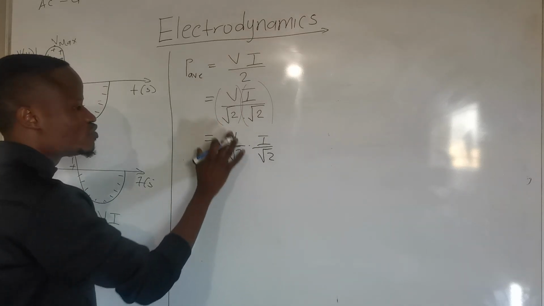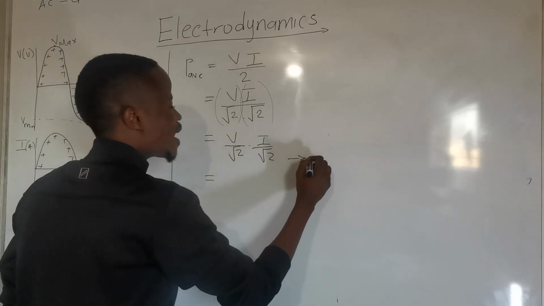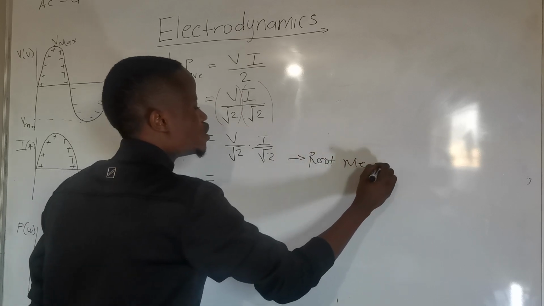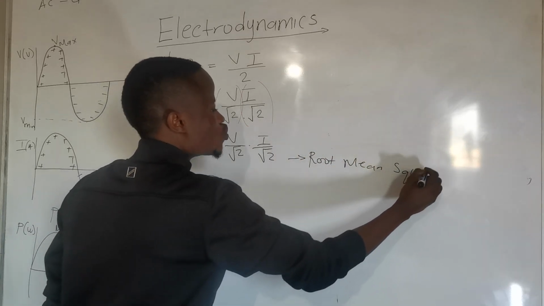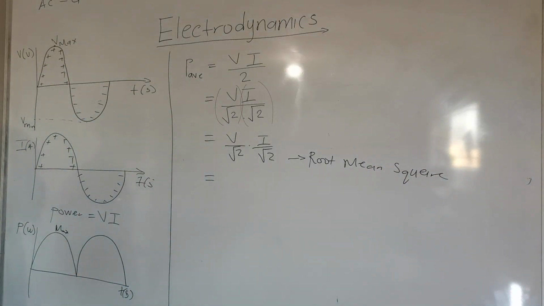Now this has a square root of 2, and we are going to give it a special name. We are going to call it the RMS, the root mean square. We call it the VRMS, as well as the IRMS.